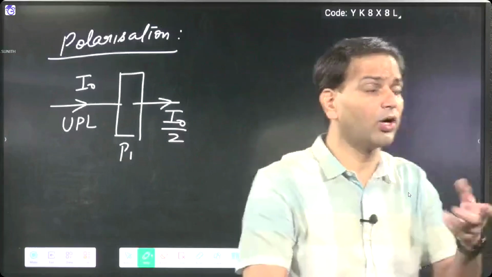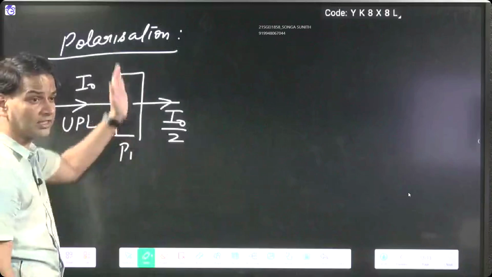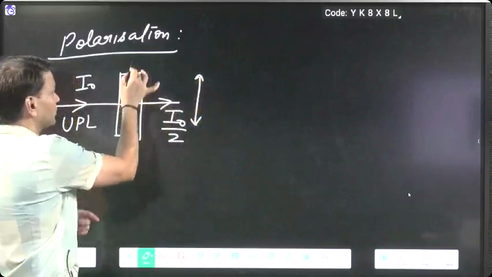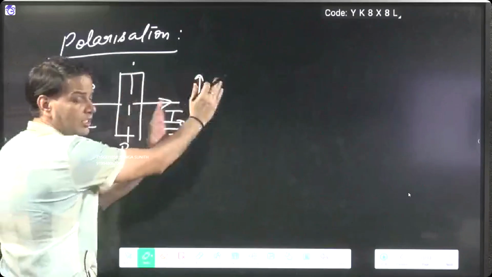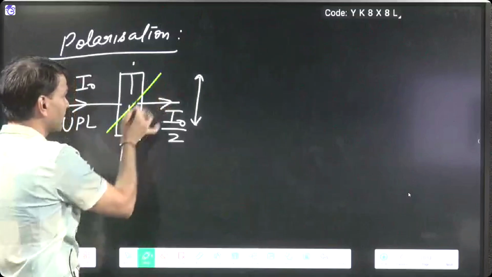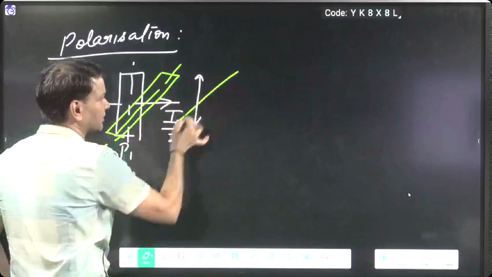It does not depend on the orientation. Only the oscillation direction depends on the orientation. According to how you put the polarizer, you will get the oscillation accordingly. Suppose you put the pass axis like this, then only this oscillation you will get. If you put the polarizer like this, then this is the pass axis, and only this oscillation you will get.